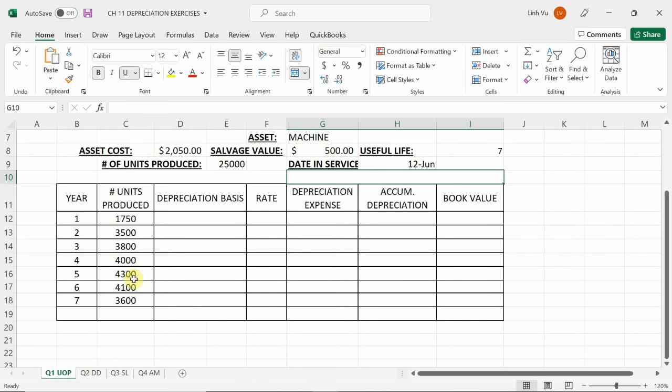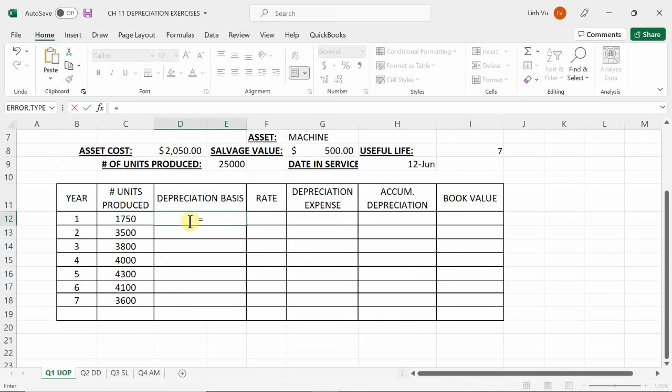Okay. So then let's go ahead and take a look at our depreciation basis. What is going to be a depreciation basis? Does it start with the 2050?